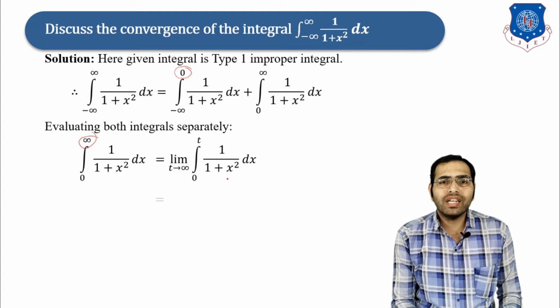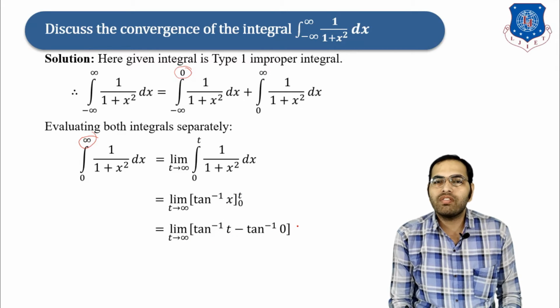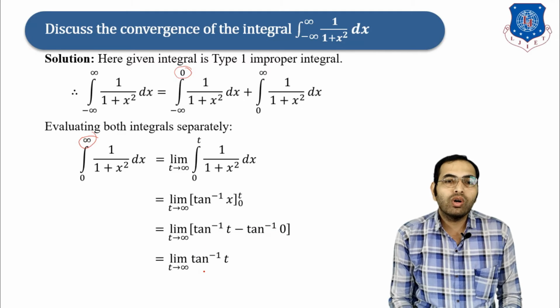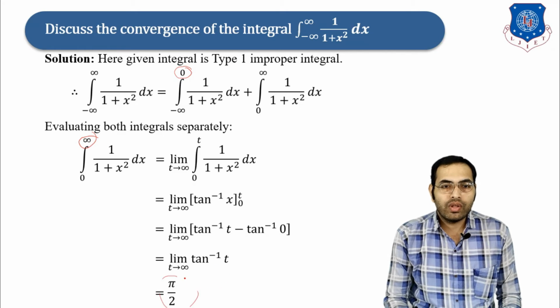Now the integral of that term is tan inverse x, where x varies from 0 to t, then upper limit minus lower limit, limit t tends to infinity of tan inverse t minus tan inverse 0. You all are aware that tan inverse 0 is 0, then limit t tends to infinity of tan inverse t, that is tan inverse infinity, that is pi by 2, which is a finite value. Our second integral is a finite value.